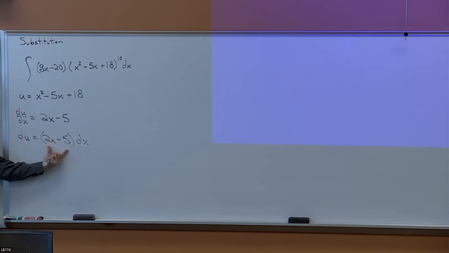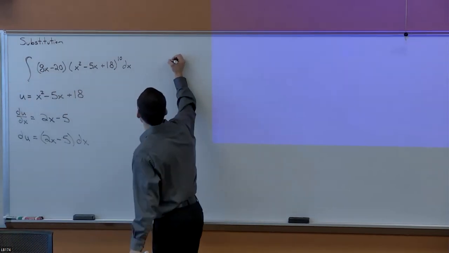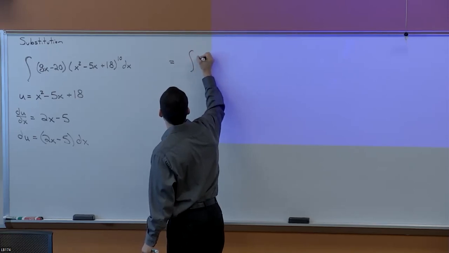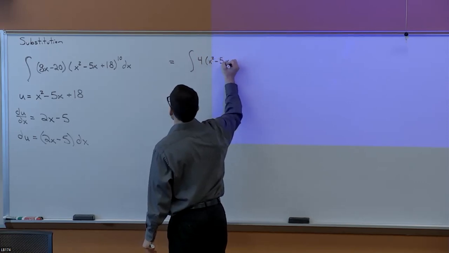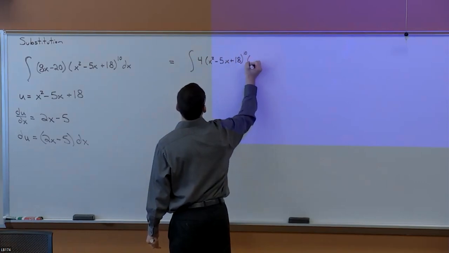We might get discouraged and say, well, is there a 2x minus 5 going around? There is, as long as I can factor out a 4 from here, right? So that's what I'm going to do. I'm going to rewrite this integration. I'm going to factor out a 4. And then at the same time, hopefully this doesn't throw anybody off.